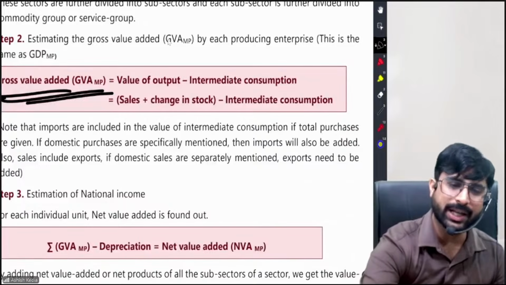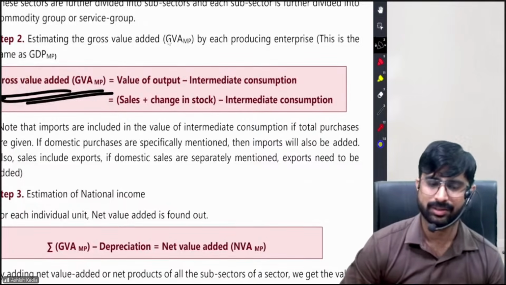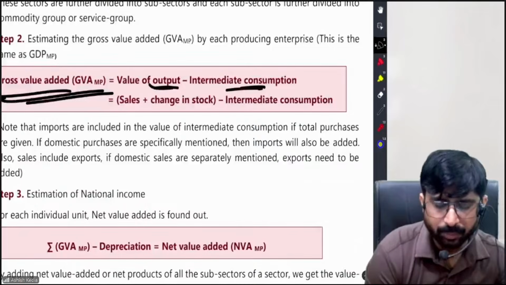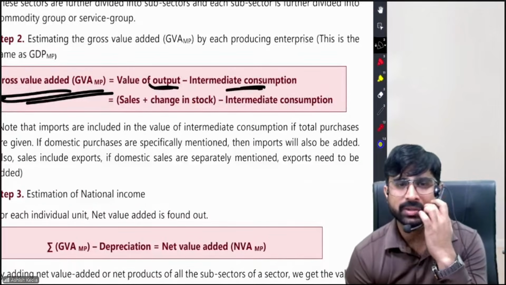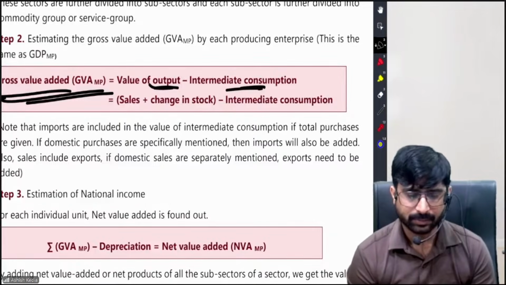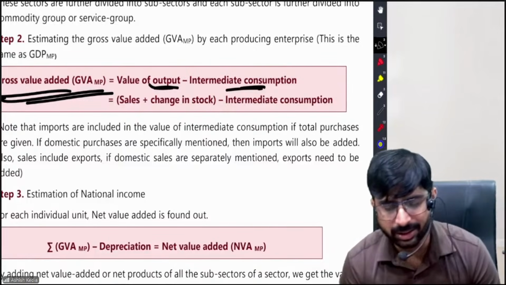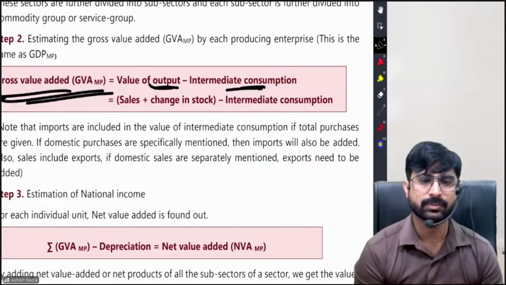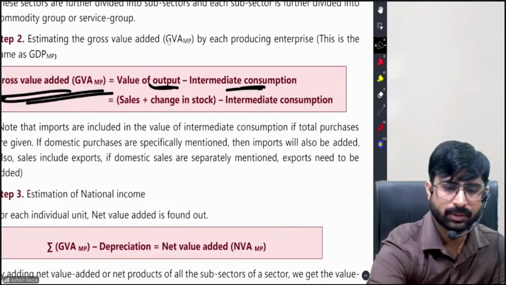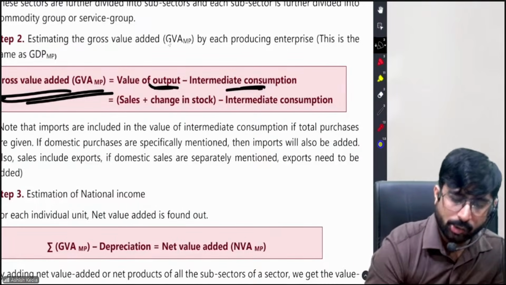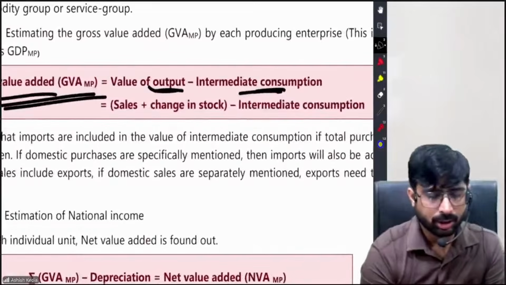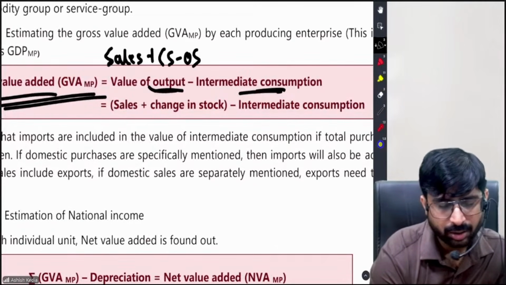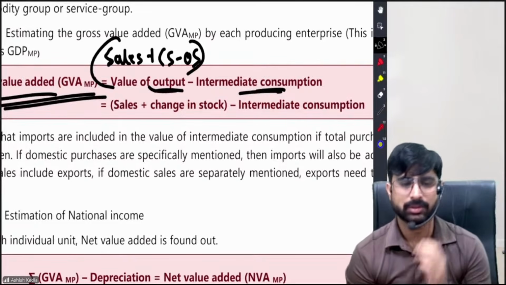Value added by any sector at any stage is value of output minus input, that is, intermediate consumption. Now, class, how do you arrive at value of output? Value of output is sales plus closing stock minus opening stock.